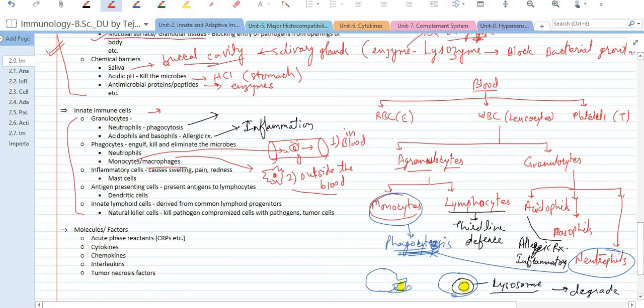Next are inflammatory cells, and inflammatory cells can cause swelling, pain, redness. These are signals of inflammation. Inflammation can sometimes cause itching. Suppose you are walking along the bank of a river or on the beach, and you sometimes find itching in your leg.